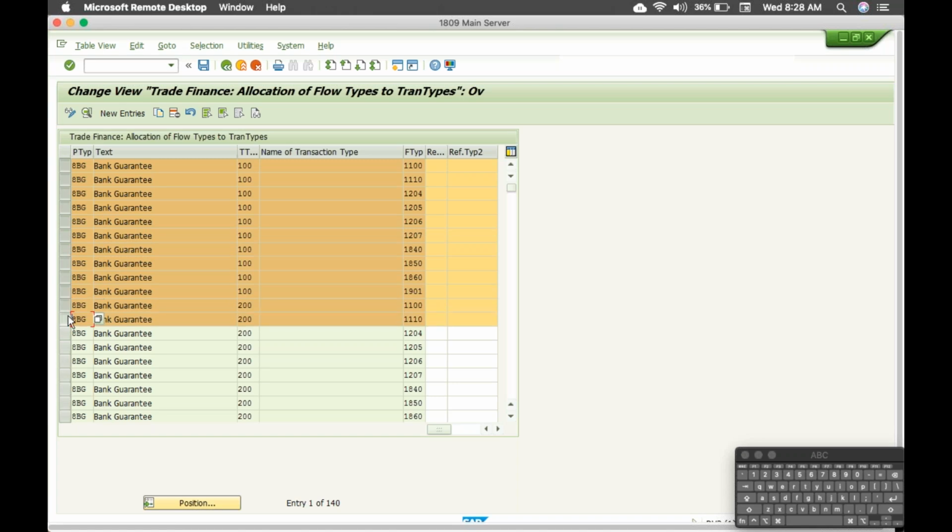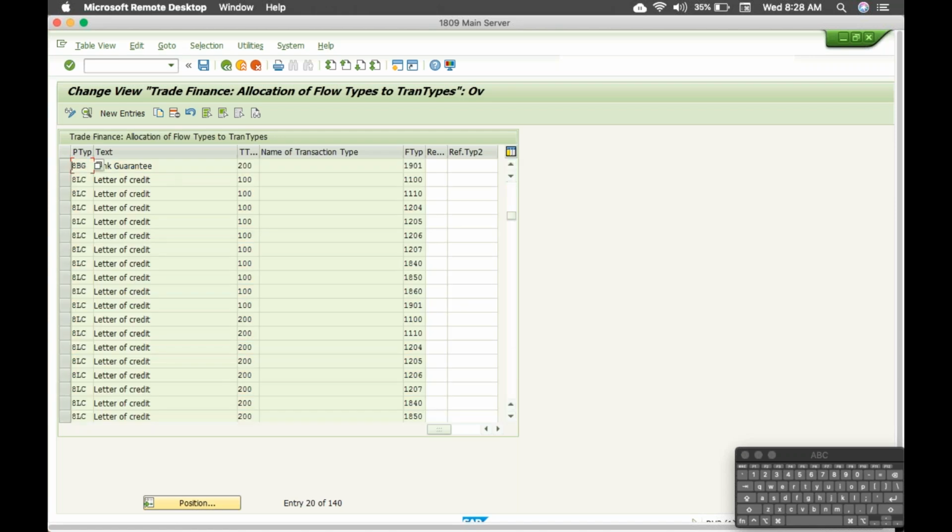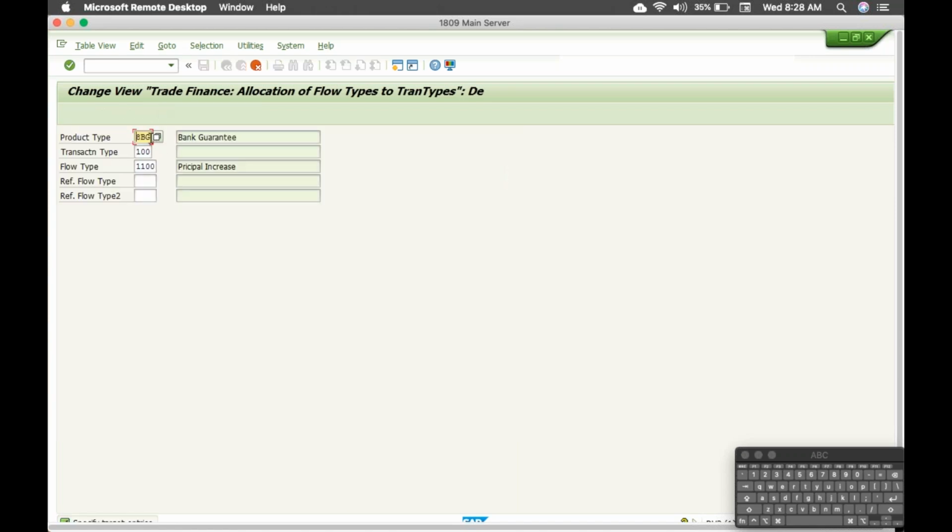Like that from the issue side also, 200. After copying, I will tell you the flow type. Copy this and change the product type to HBG.